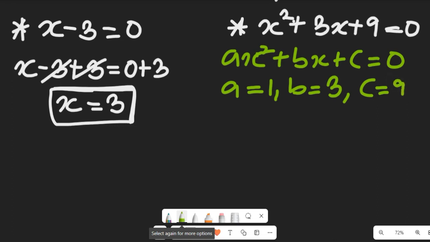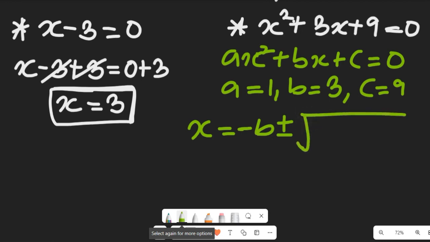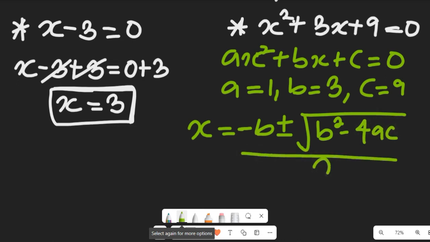Now, using the quadratic formula, the value of our x will be equal to negative b plus or minus square root of b squared minus 4ac, and all of these will be divided by 2a.